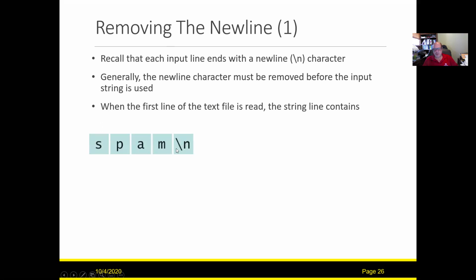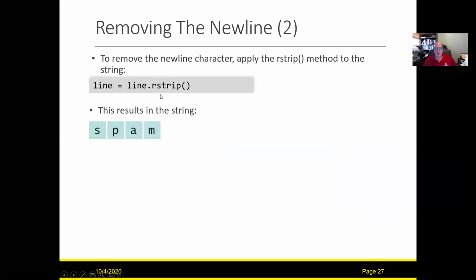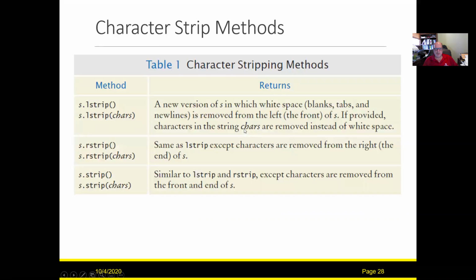And if you have some extra spaces or extra stuff at the end, we want to get rid of it. So that's when we are going to be using strip. If I use rstrip, it's going to strip on the right side. If I use lstrip, it's going to do it on the left side. And if I just use strip, it's going to do it on both sides. So that's what strip is about. So we have lstrip, we have rstrip, and we have strip.